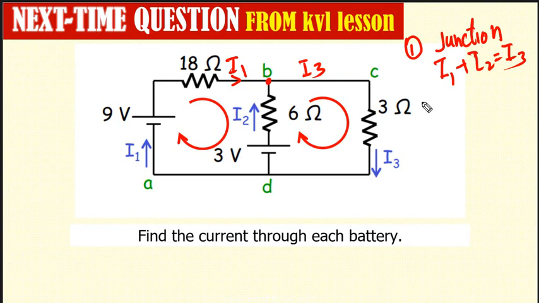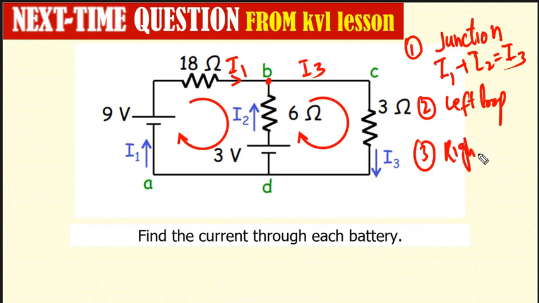Okay, and also then you need to choose a loop. For example, you can choose the left loop, or any other loop, or simply you can choose the right loop. So you have to use KCL, and for this one you have to use KVL.